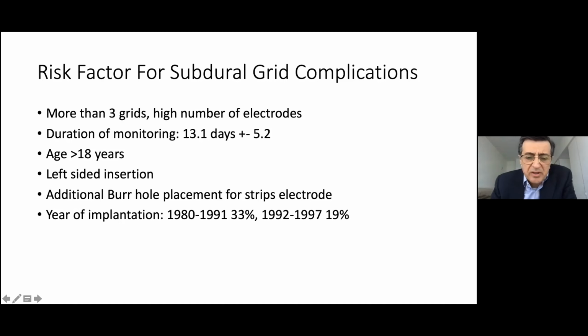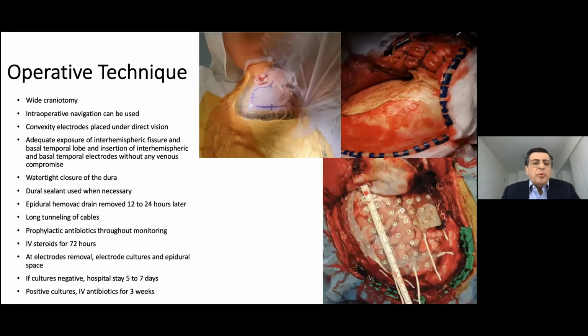And this is a paper written by a neurologist who went very thoroughly through any complication. So the operative technique is described in this slide. We perform a wide craniotomy. We place the convexity electrode under direct vision. Intraoperative navigation can be used if the target is small or not well defined.